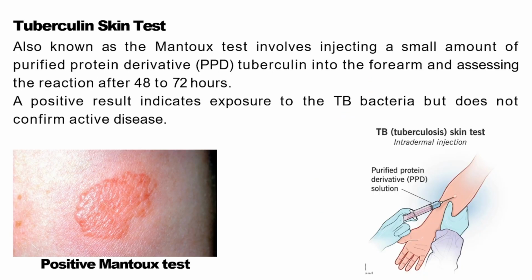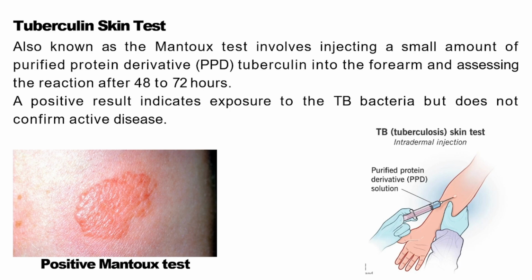After this, another test is the tuberculin skin test, also known as the Mantoux test, involving injecting a small amount of purified protein derivative tuberculin into the forearm and assessing the reaction after 48 to 72 hours. This test is also used to diagnose Mycobacterium.